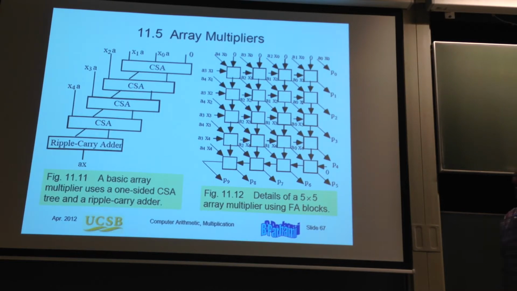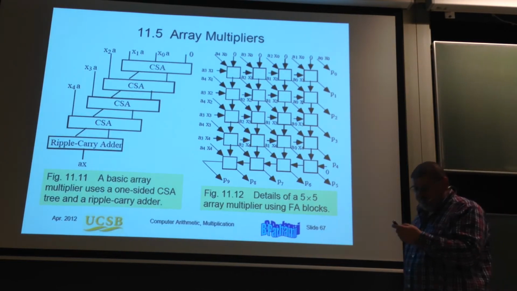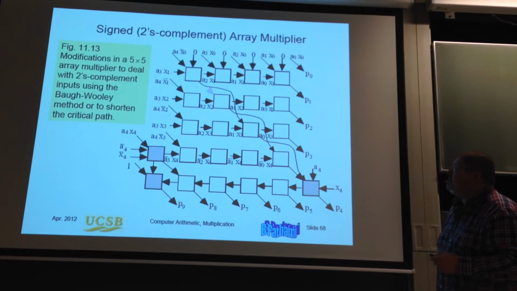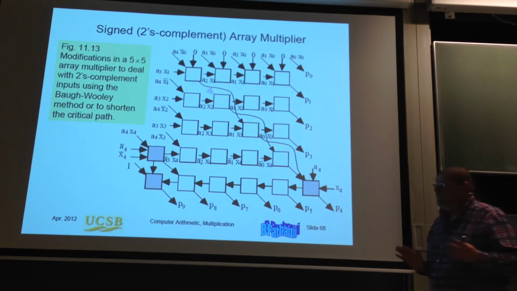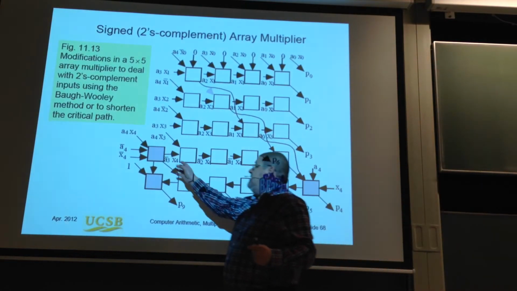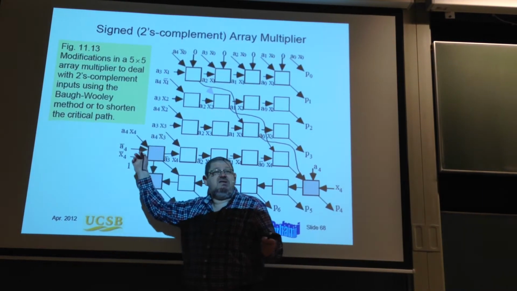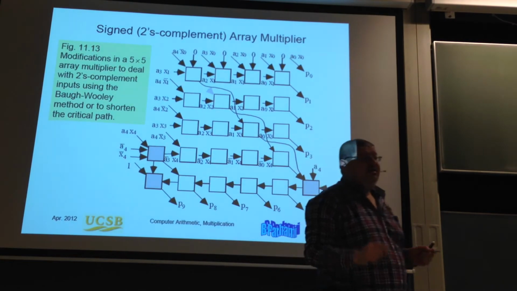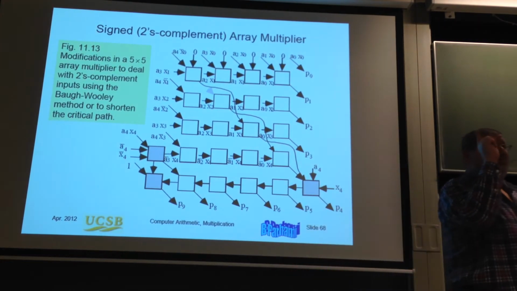Now today we think about regularity also, and people are also trying to make it go faster and to make it work with 2's complement. In here you have 2 things which are added. One is about the 2's complement, and is this part in here, which is essentially taking care of the fact that the last bit of the multiplier has a negative weight.